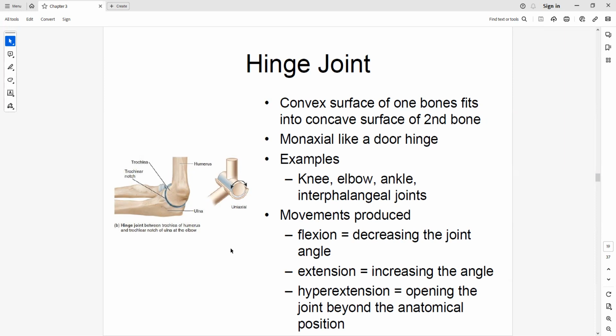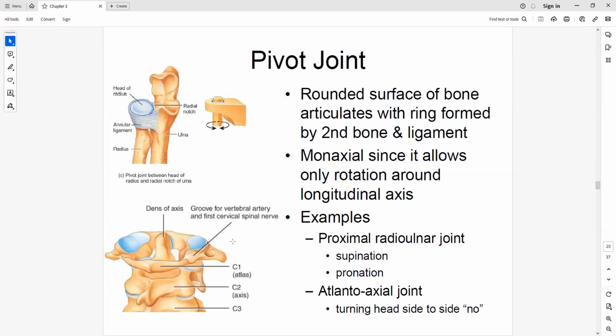So those are the two types of movements that are allowed along these joints. So, for example, when you move your forearm towards your shoulder, that is a flexing of the forearm, and that's the only type of movement that's carried out along the elbow joint. So this is a hinge. These are examples of hinge joints.